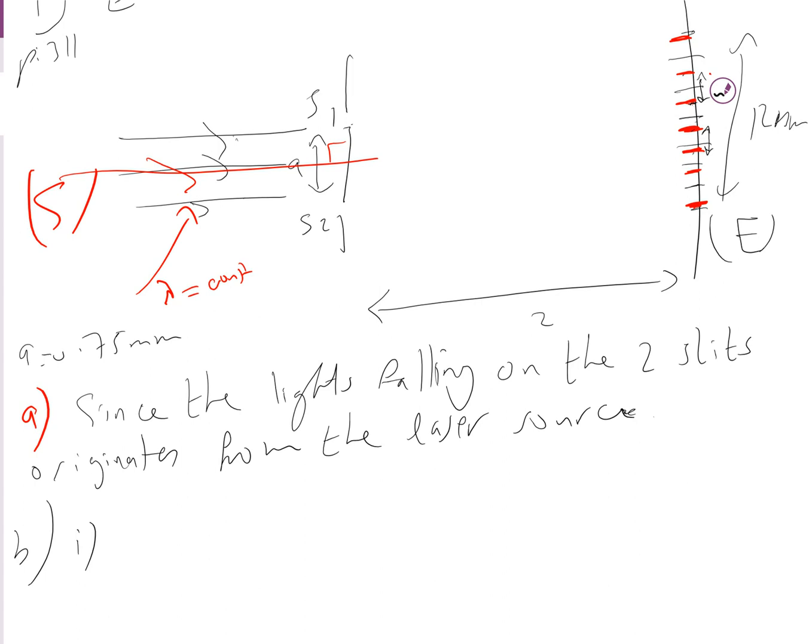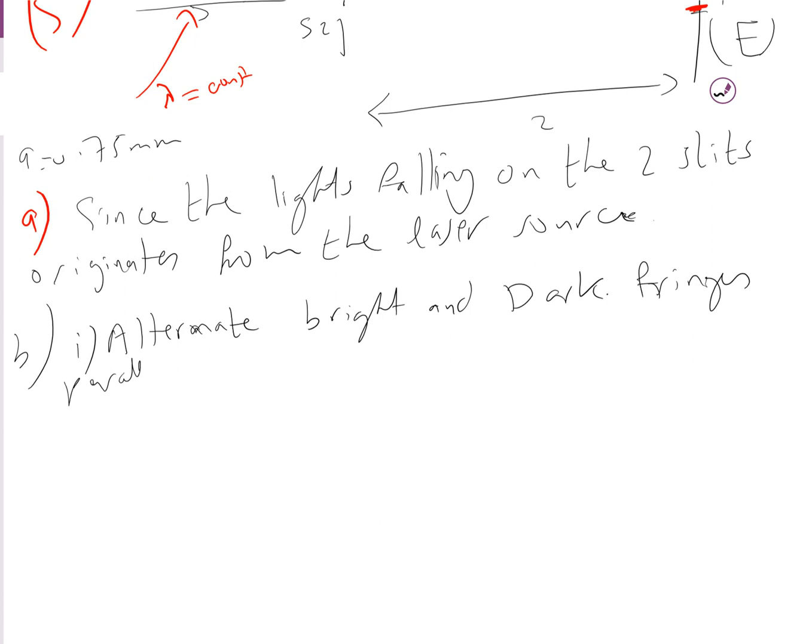I'm going to write my answer here. So we observe alternate bright and dark fringes parallel to each other and parallel to the slits.